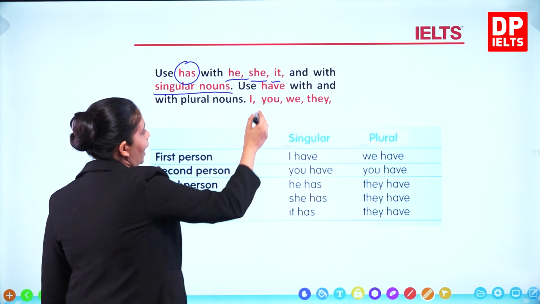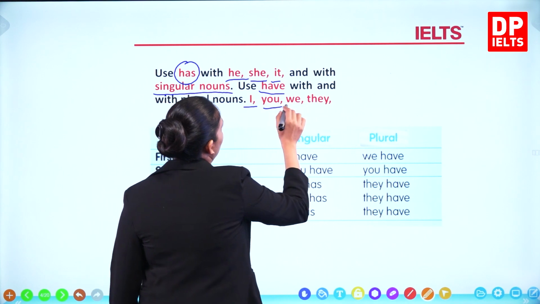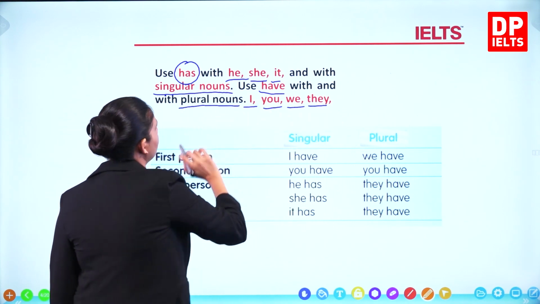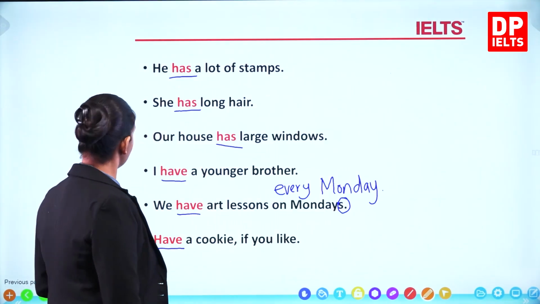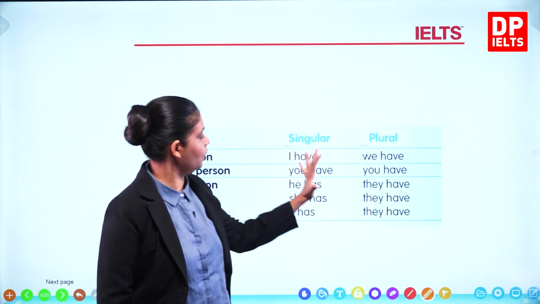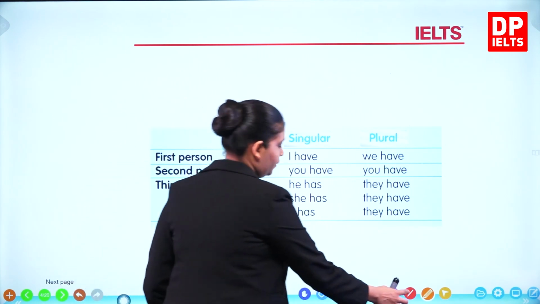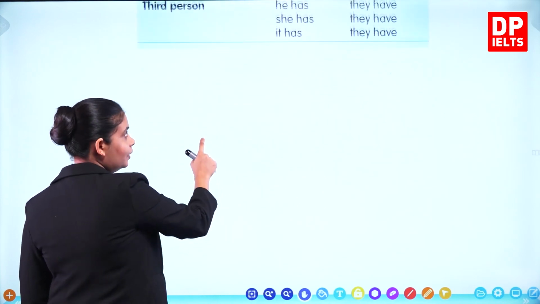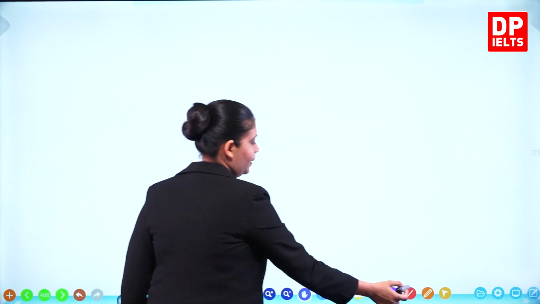You use have with I, you, we, they, as well as plural nouns. Right, so we are going to have a look at the use of it. Now before we come to this table, I'd like to quickly do a little review with you to see the use of it, and then we will come into this so that you'll understand it better.